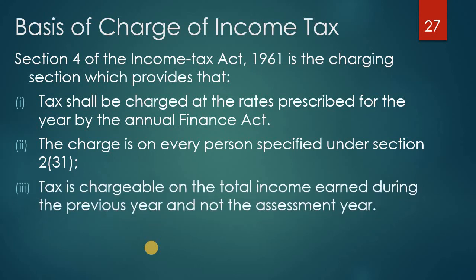Then tax is chargeable on the total income earned during the previous year. I have already told you while discussing assessment. So tax is chargeable on the total income that you earned during the previous year. In the sense it's the current year, when you are working, it is known as the current year. That itself is the previous year, and not the assessment year. The assessment year is the next year where you have to pay the tax.